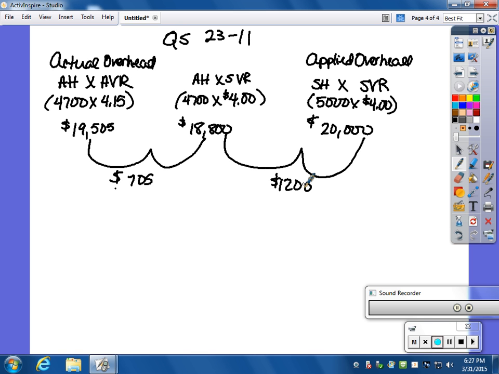And according to what Ms. Taylor said, if actual is higher than standard, then that means what? Let's write this down so we can have it clear. Favorable means actual is less than standard.